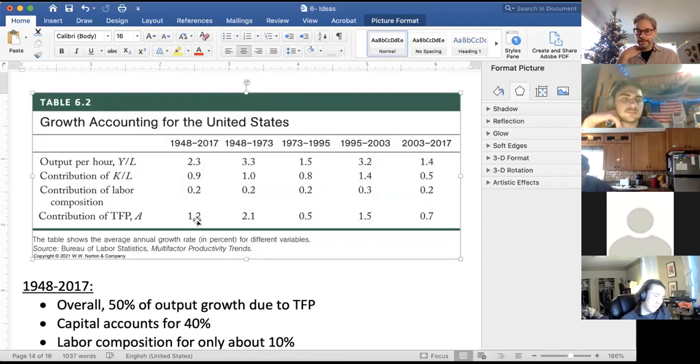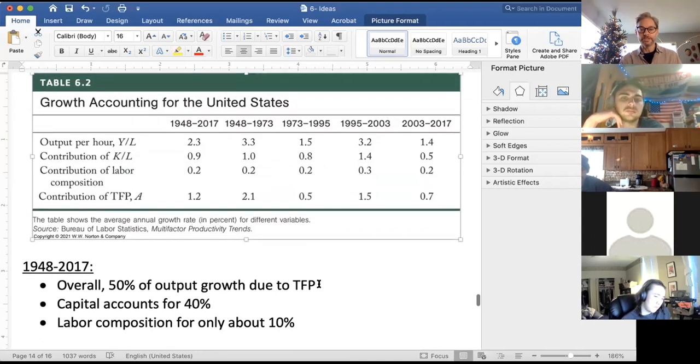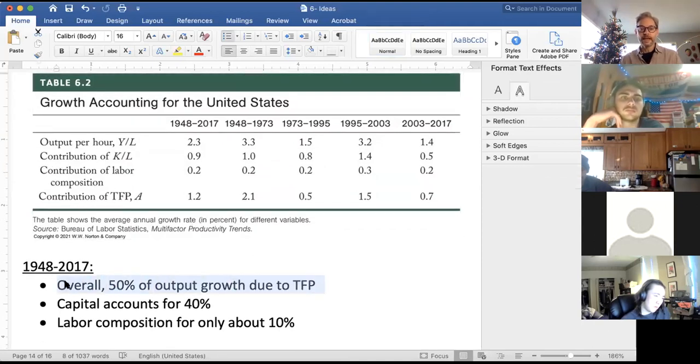So what does that mean? Well, if you think about this, this is actually a really interesting result. Notice that of that growth in output, half of it was due to productivity. The rest of it was due to increases in capital and labor, primarily capital, right? You'll see that labor composition really doesn't change very much over this entire period, and that makes sense, right?